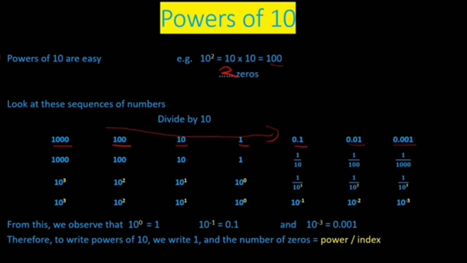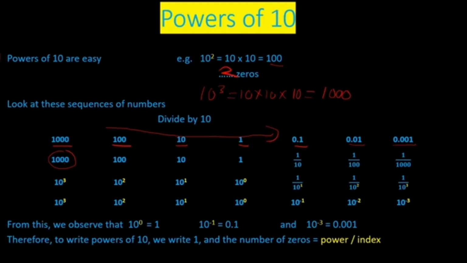Since 10 to the power 2 is already 100 and it has 2 zeros, what it also implies is 10 to the power 3 is equal to 10 times 10 times 10, giving you 1000, since 100 times 10 is equal to 1000. So 1000 is also equal to 10 to the power 3.